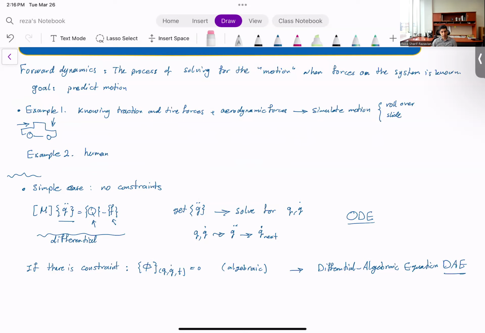For instance, that is what the computer simulation software packages use. So a little under the hood of these commercially available multi-body softwares.